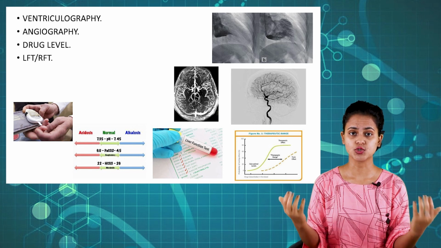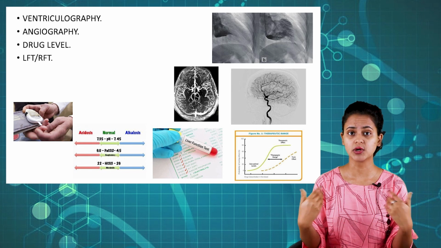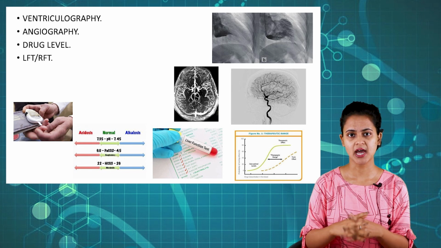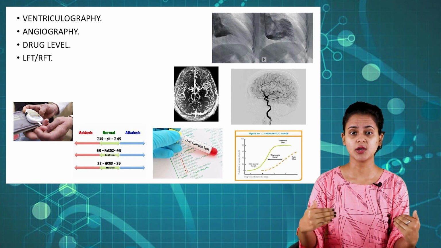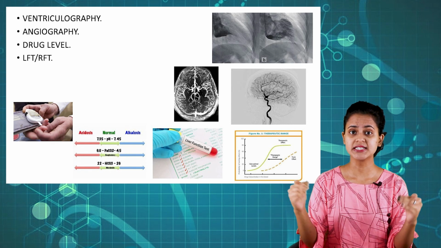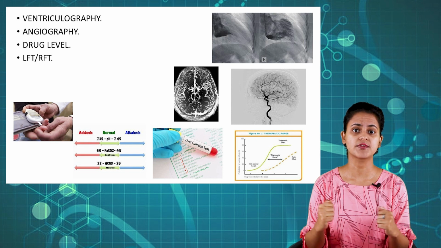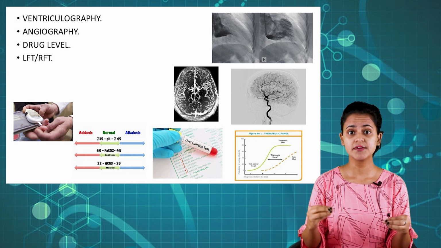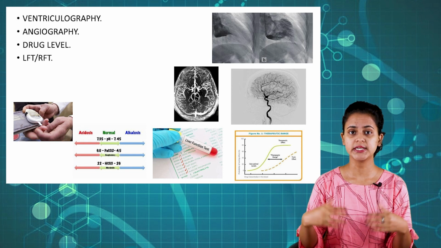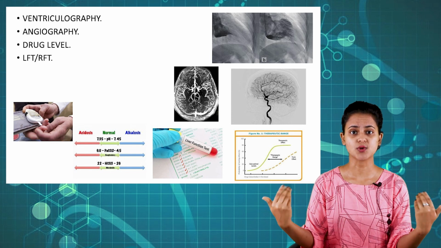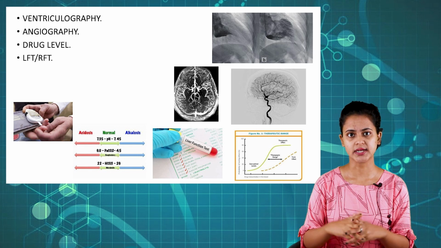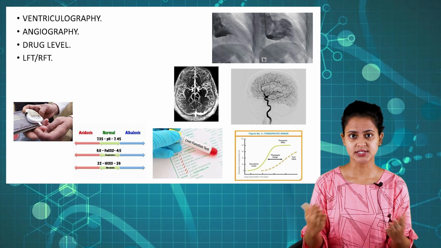Respiratory function tests also will be done for a client in order to understand whether the person has any respiratory difficulties or respiratory alkalosis or acidosis, which is ultimately related to the development of hypoxia. The liver function test will often be done to find out whether there are any liver disorders which can affect the mental status of the client.